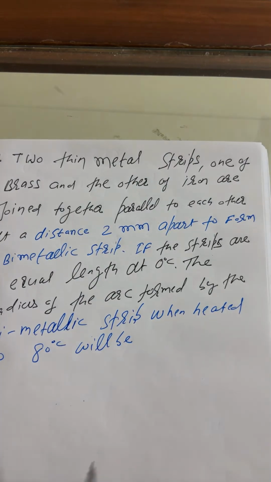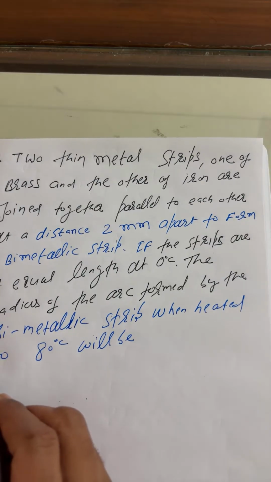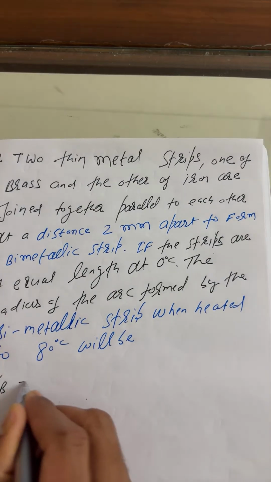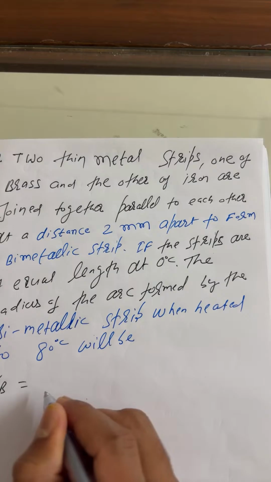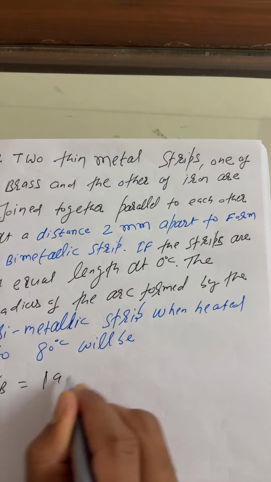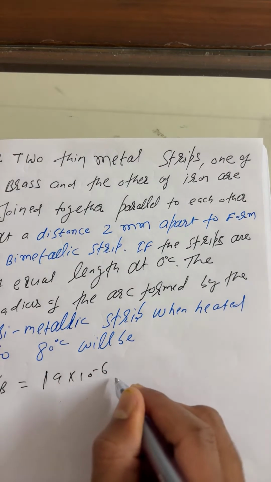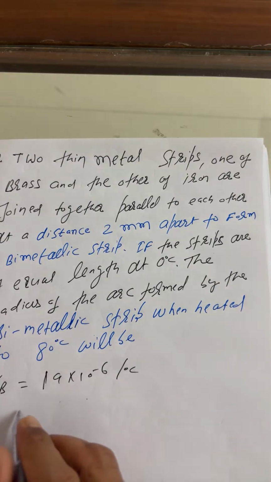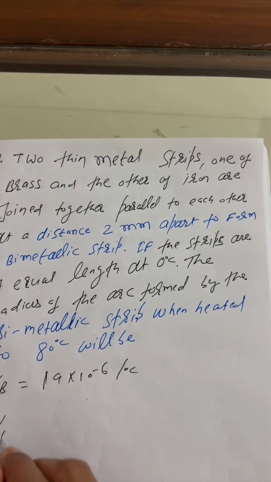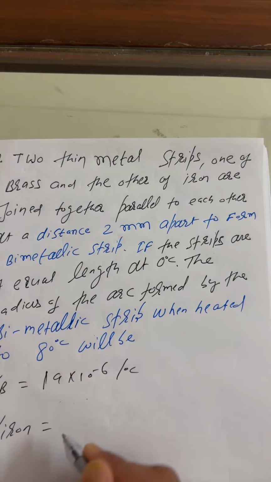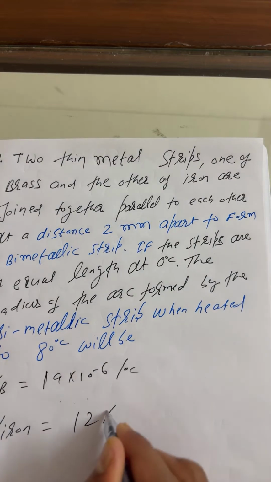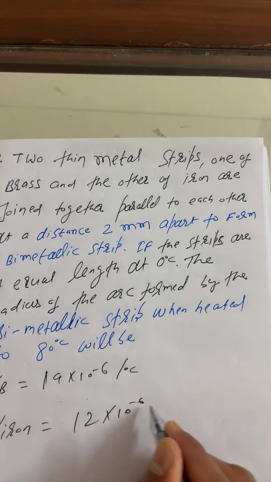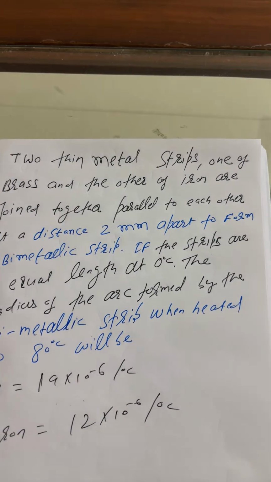Now, student, there is some information you can keep in mind. Alpha for brass is 19 into 10 to the power minus 6 per degree Celsius. For iron, it is 12 into 10 to the power minus 6 per degree Celsius.